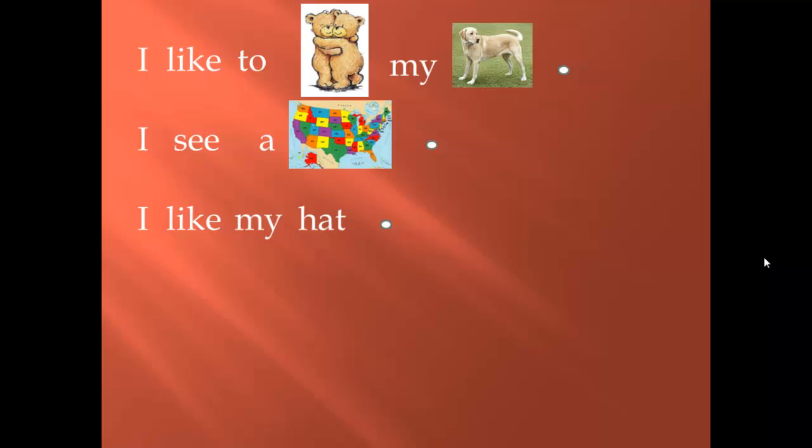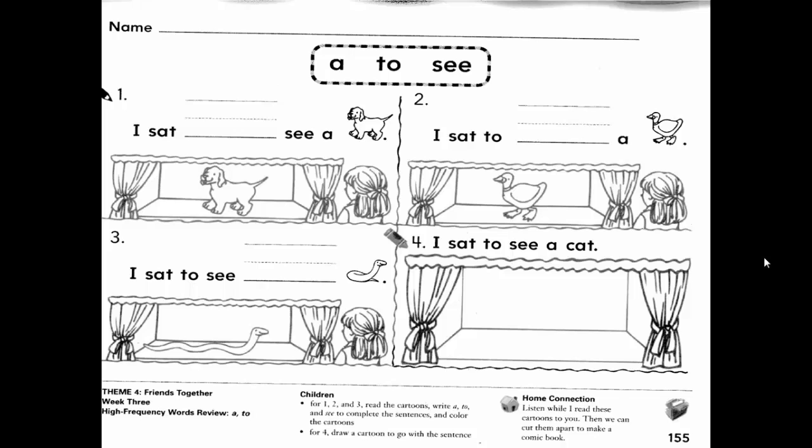Alright, now we have practice book page 155 that you'll need to print out and then write your name at the very top up here. Okay? Then you have the words A, to, and C. You're going to need to fill in the blank with either A, to, or C for each of these boxes.